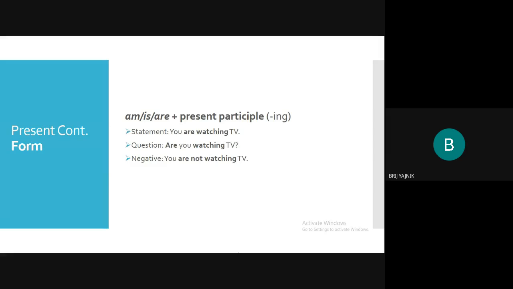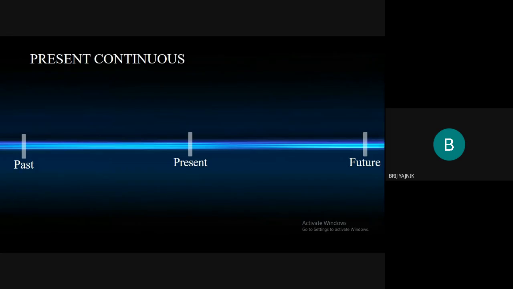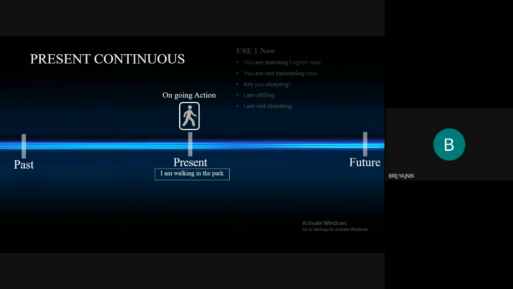That's okay. Maybe later, but you will understand soon. So let's look at a few ways of using this tense. One way we are very clear about, and all of you agreed: we talk about an action that is going on at the time of speaking. So something like this: I am walking in the park, right?